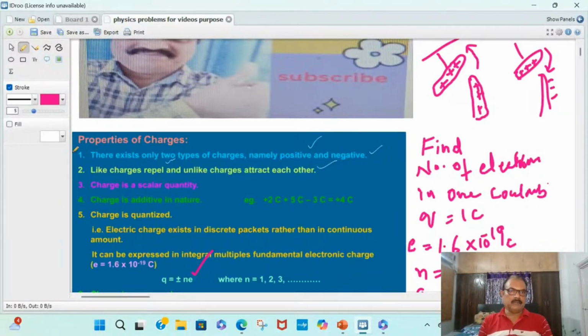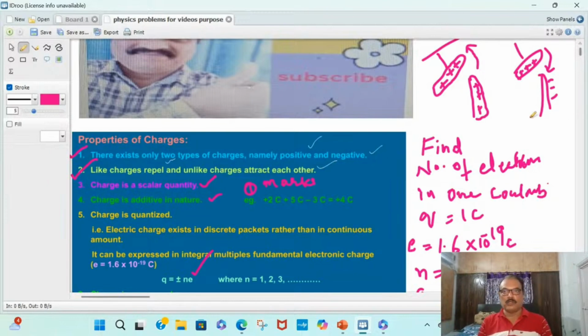My speciality is that I'm just going to discuss the NEET concepts. First one you should know, second one you should know, third one is charges do not have direction, so it is a scalar quantity. A one mark question may come here, so please take care. Then charges are additive.